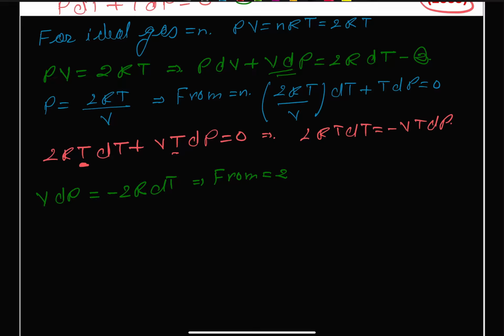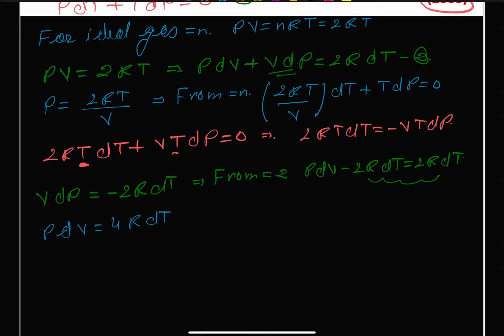We substitute it, we get P dV minus 2R dT will be equal to 2R dT, and we can combine these two terms. Therefore we get P dV will be equal to 4 times R dT.